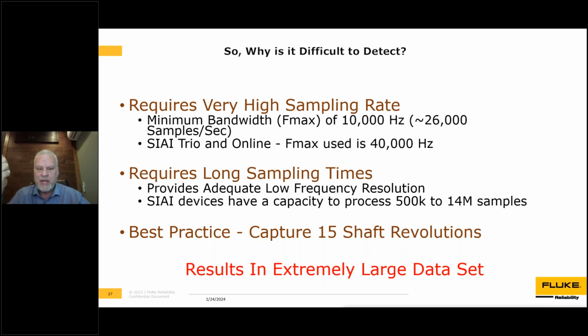We still feel that is sometimes low. We prefer to sample at 50 kilohertz and above. I'm sorry, a 40 kilohertz sample rate, usually a 50 kilohertz bandwidth. Our Trio typically uses 100 kilohertz as a sampling bandwidth or sampling rate.